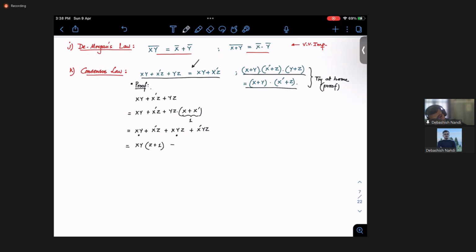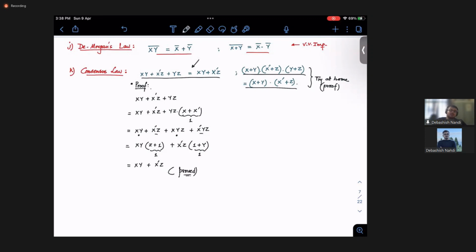And from here, if I take x prime z common, I will have 1 plus y. So this is nothing but 1, and it will become xy plus x prime z. Hence proved.